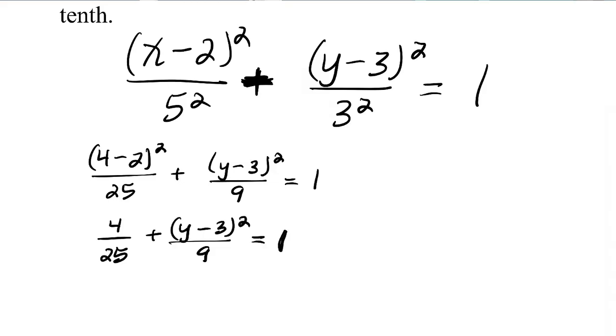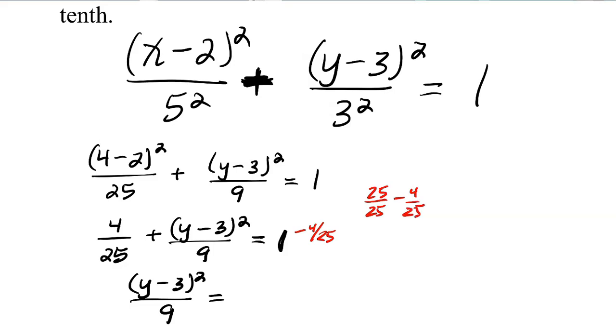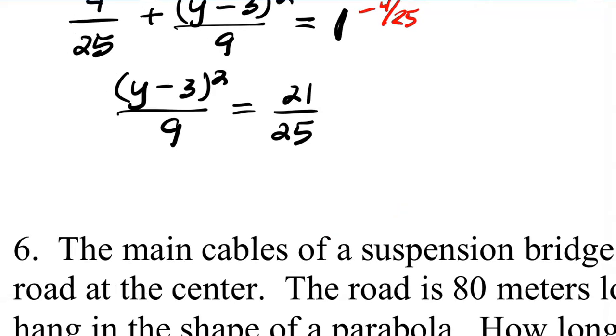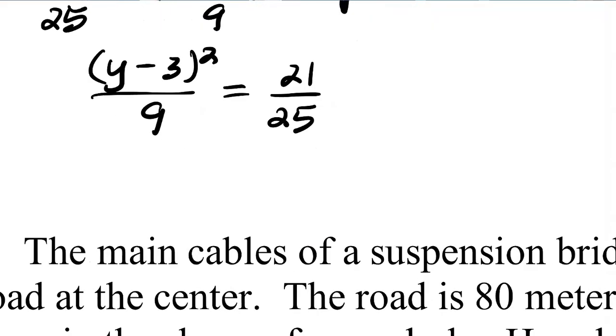And then we need to isolate and solve for y. So we'll subtract 4/25 from both sides. 1 minus 4/25 is 25 over 25 minus 4 over 25, common denominator, so that would be 21 over 25. And then to isolate y, we multiply both sides by 9 to get rid of that 9. 21 times 9, we get y minus 3 squared equals 189 over 25.